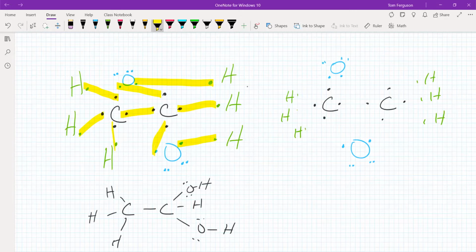Okay. Need to attach everything up. Now, in this situation, I attached over here on the left, I attached both oxygens to one carbon. In this situation, I'm going to do this.